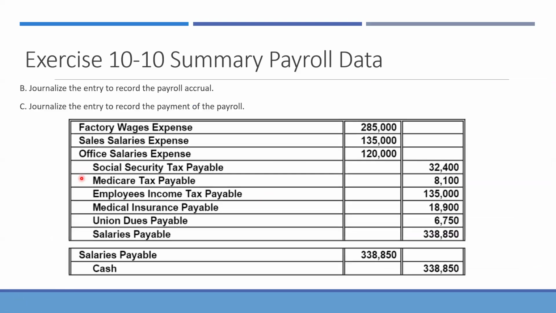And this is our journal entry. We take factory wages expense, salaries expense, and then we take our credit to all the payables that are created. And then when the salaries are actually paid, then we debit salaries payable, credit cash.